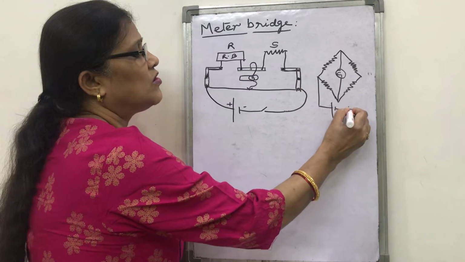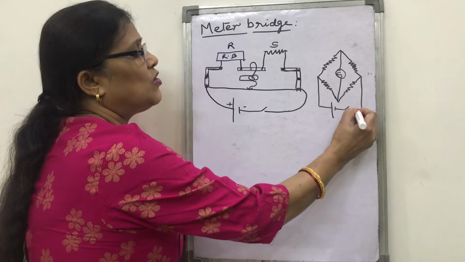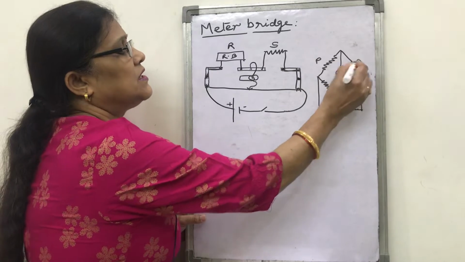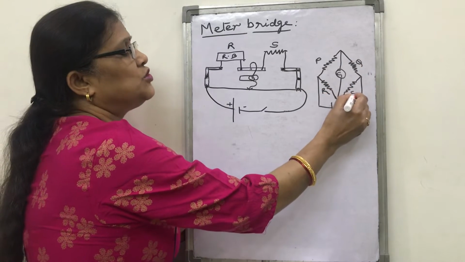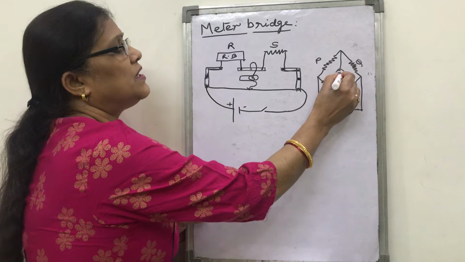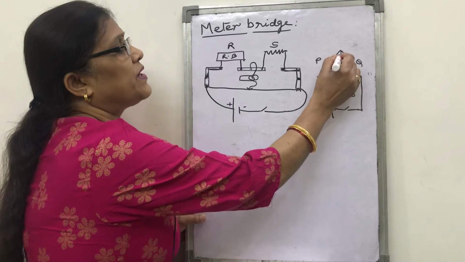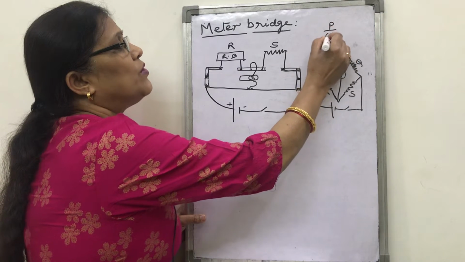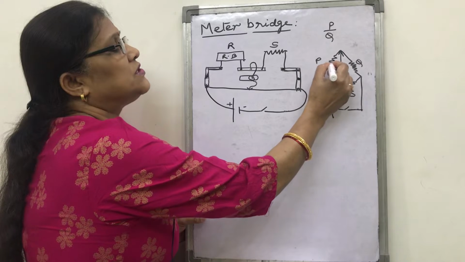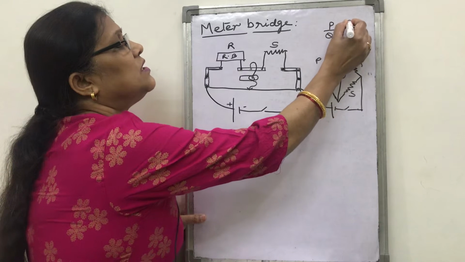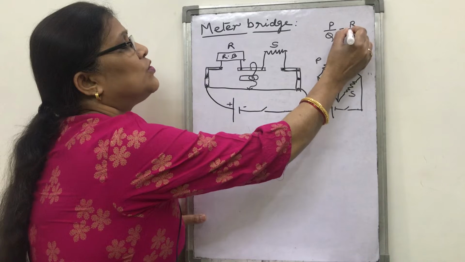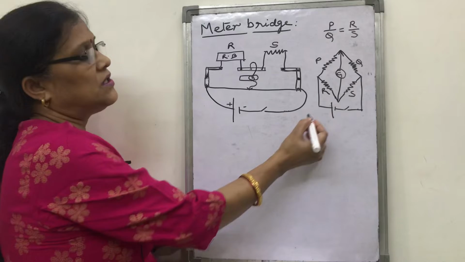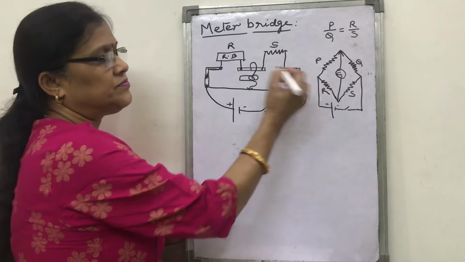Then in the balanced state, if the resistances are so adjusted that there is no current through the galvanometer, it is called the null point. In the balanced state, P upon Q, that is the ratio of the resistances of 2 adjacent arms, is the same as the ratio of the resistances of the other 2 adjacent arms. This we have read earlier and proved.